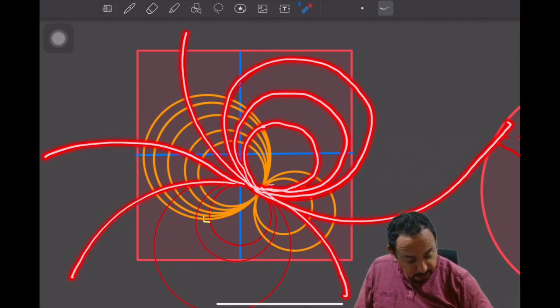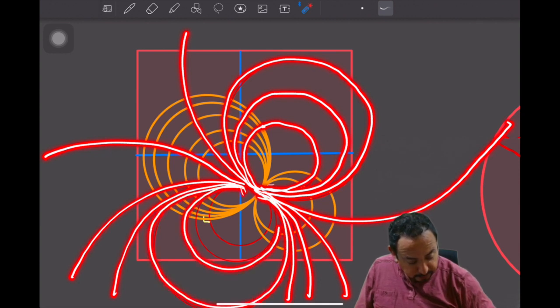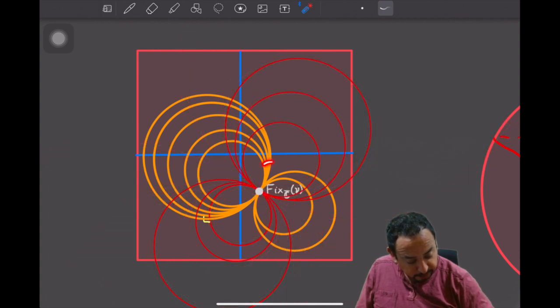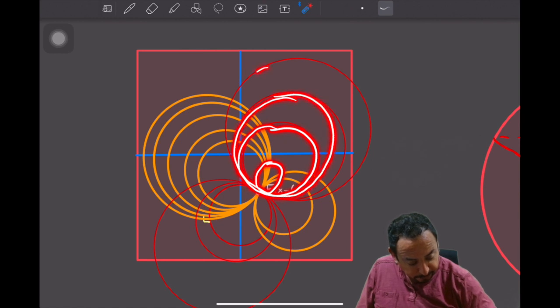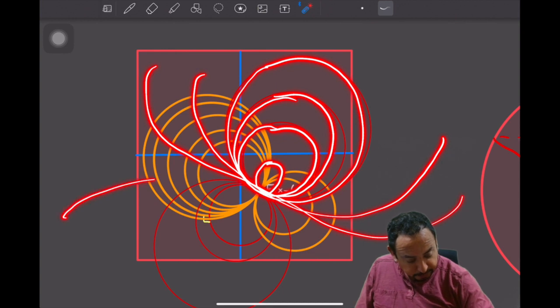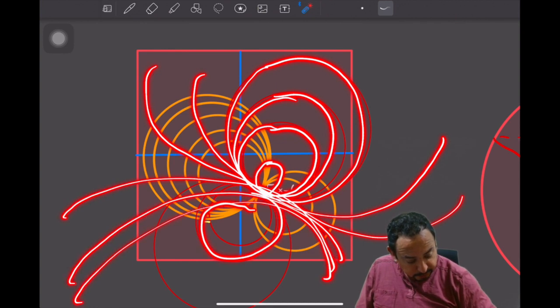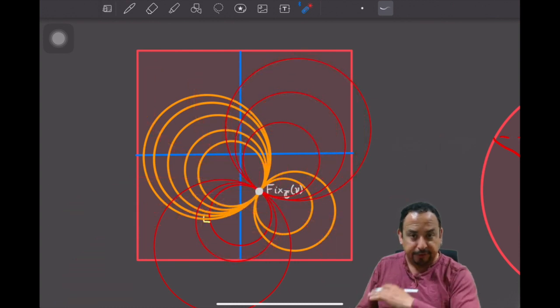And then the behavior is something like, I started on this side, and then it starts opening, and then it comes back on the other side and starts to converge to the fixed point on the other side.